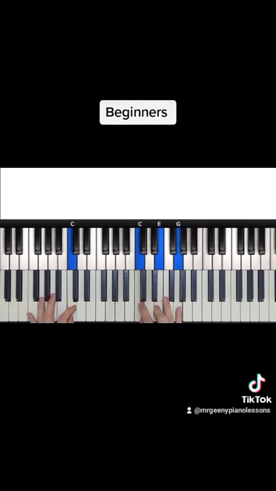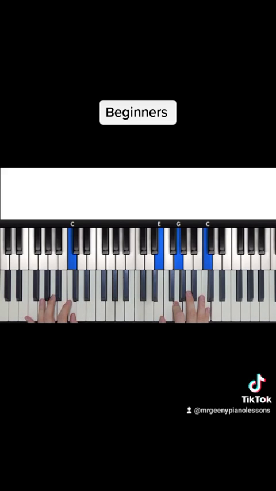And what we can do is move the notes around, but keep playing exactly the same notes. So we have our C down here at the bottom in our right hand. And what we can do is move this C to a C higher up on the piano, so we could play this one instead. So we've got exactly the same notes, we've just moved them around a bit.